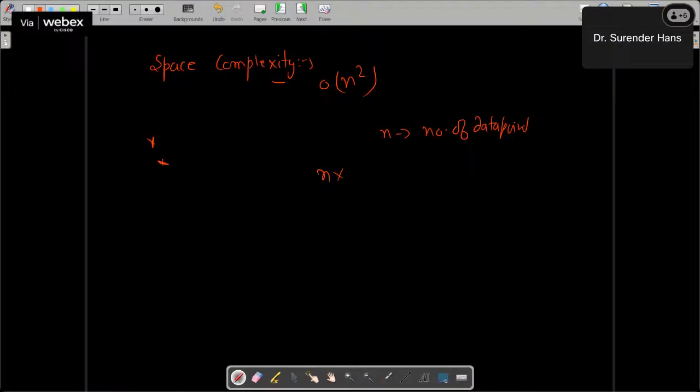Let's say this is the simple example that we took initially: 1, 2, 3, 4, 5, and 6. So that is the distance, that is n cross n minus 1. Okay, so self distance we have not calculated, so it's almost near about equal to n square. Okay, so now the next time, that is n minus 1 cross n minus 2. Next time, that is n minus 2 cross n minus 3.